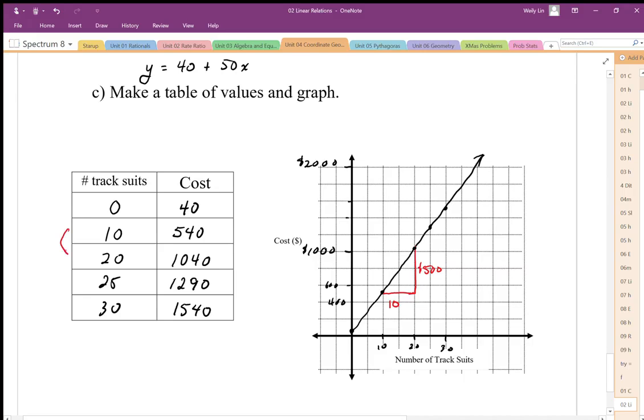That proportion shows up on the outside of the table. So there's my plus $500, there's my plus 10 tracksuits, and we can see that same proportion showing up right there. That proportion is going to show up on the outside of the table, not directly in the table. When it does show up directly in the table, it's what we call direct variation.